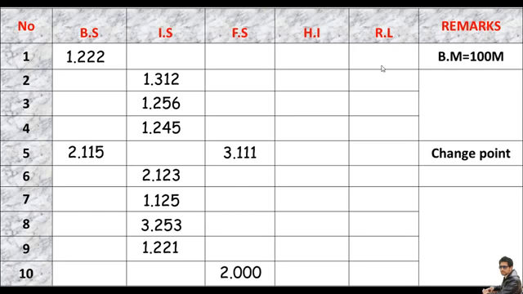Remember, the RL of point 1 must be known. Here it is known as 100 meters. It is the benchmark, because the backsight is always taken at a benchmark or at a foresight, since the benchmark and the foresight are known points.